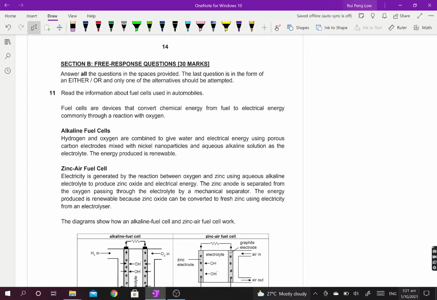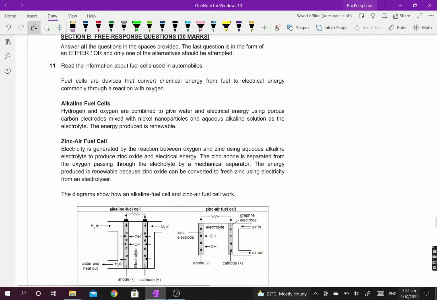So in short, there are two fuel cell devices that convert chemical energy from fuel to electrical energy, commonly through reaction with oxygen. Here we have the alkaline fuel cell and the zinc air fuel cell. For the alkaline fuel cell, the paragraph mentions that hydrogen and oxygen are mixed to give water and electrical energy, using a porous carbon electrode mixed with nickel nanoparticles and an aqueous alkaline solution as the electrolyte.